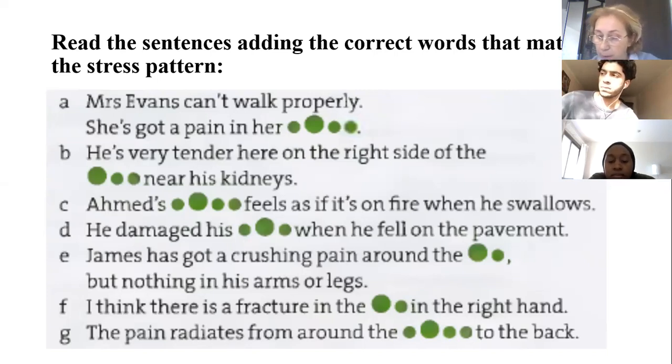Well, Busaina, please. He damaged his, when he fell on the pavement. What did he damage? He damaged his.